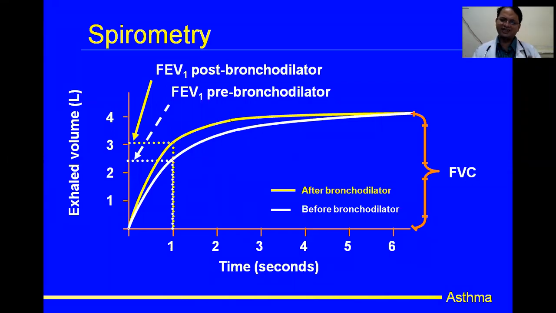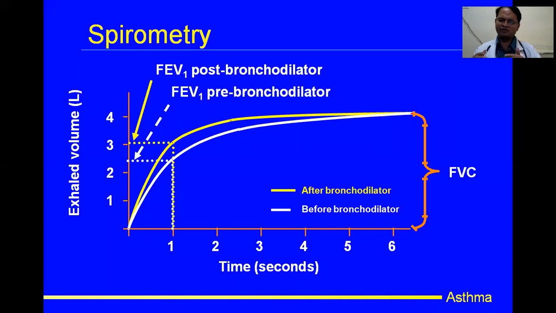The second time, when the patient repeats the test, there will be an increase in the FEV1, classically noted in asthmatic patients. This increase in the FEV1 should be more than 12% predicted. This is important, 12%.